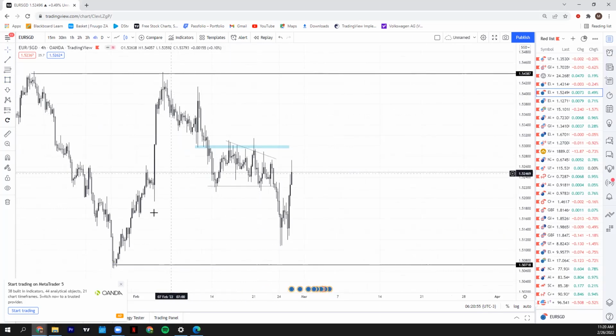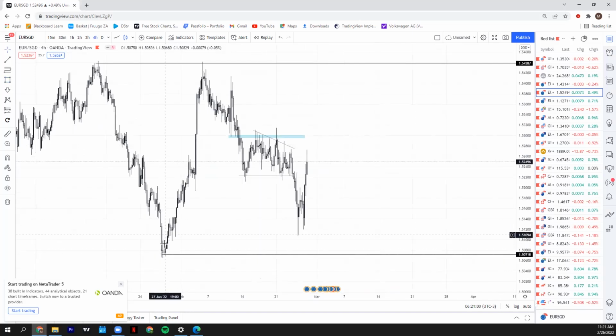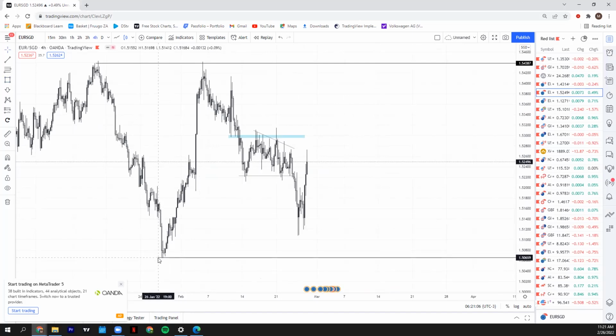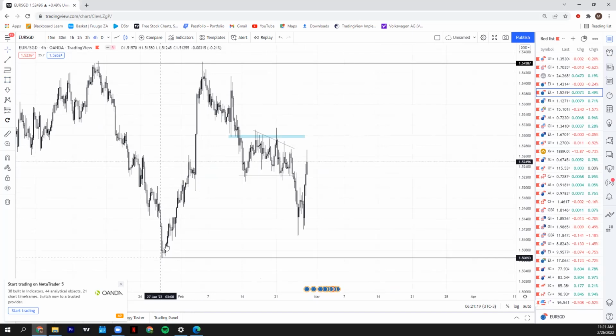So this one sold to nearly our take profit, but this is the 90% rule. The price doesn't always get to 90%, so it's always safer to put your take profits around 70%, 65%, just over 50%.